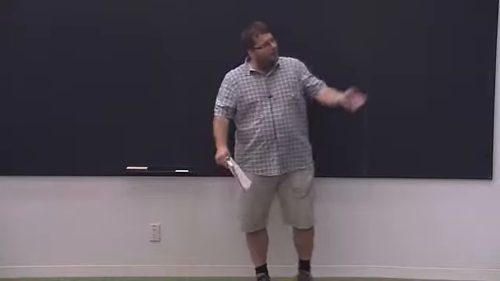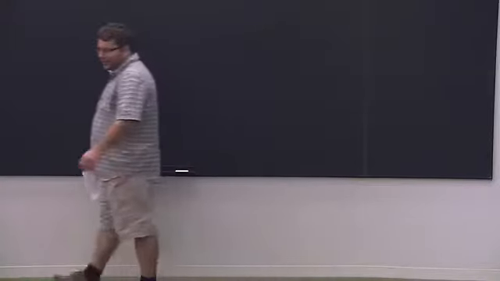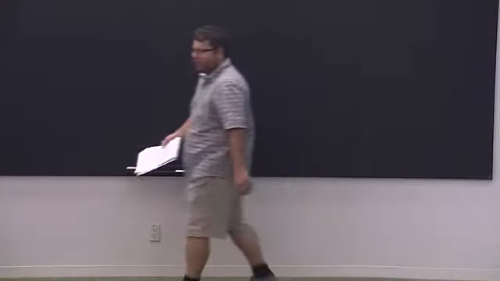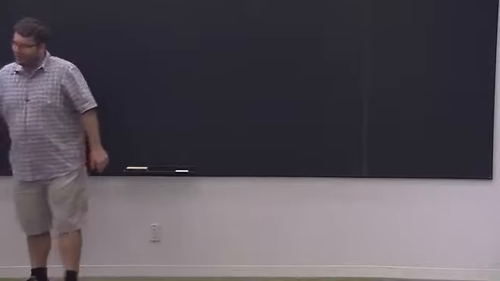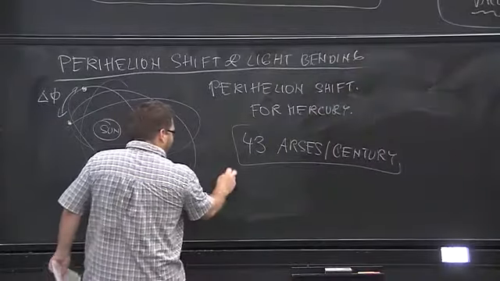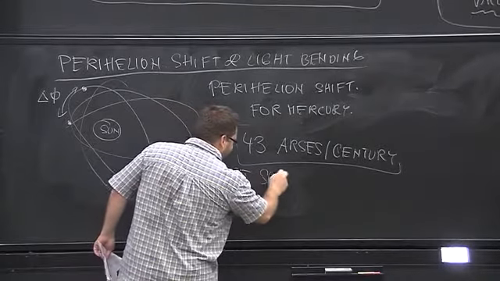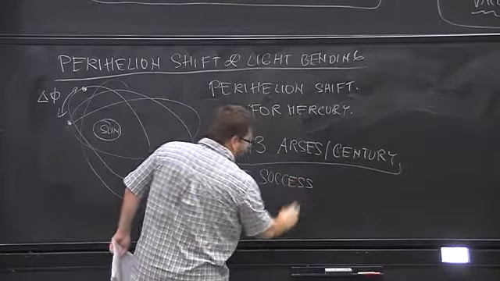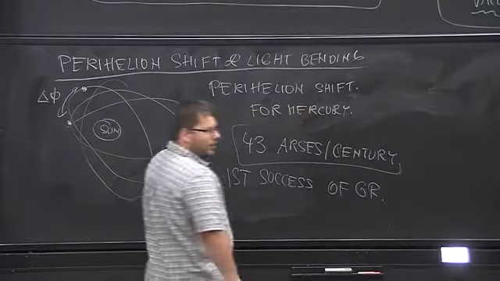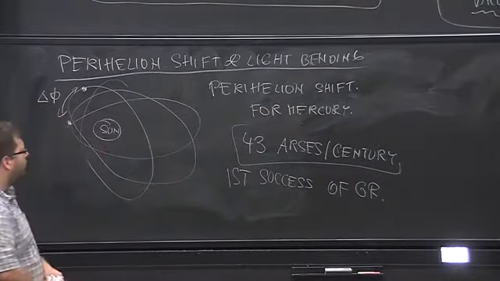So then the question is, can Einstein gravity predict this? As I said, Einstein waited till the second day, and he actually did the calculation. I will do it in a minute, and he saw that actually, this gives you precisely 43 arcseconds. So now he was really pleased and very happy. It's like the first success and experimental verification of general relativity, a couple of days after he formulated the theory.